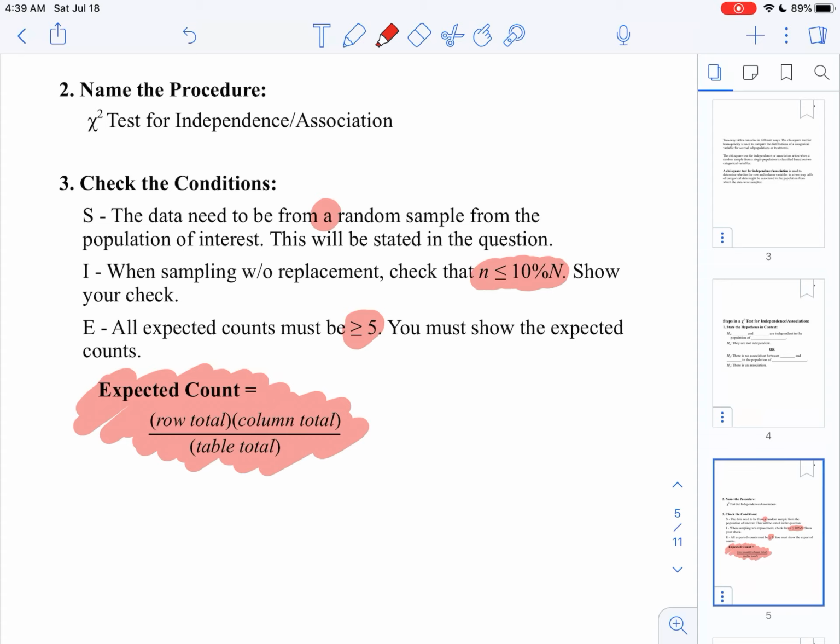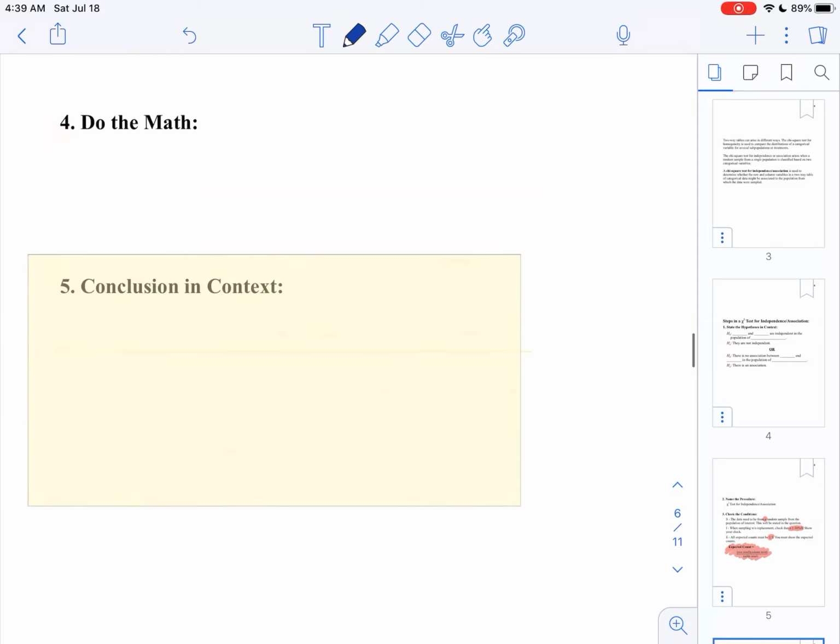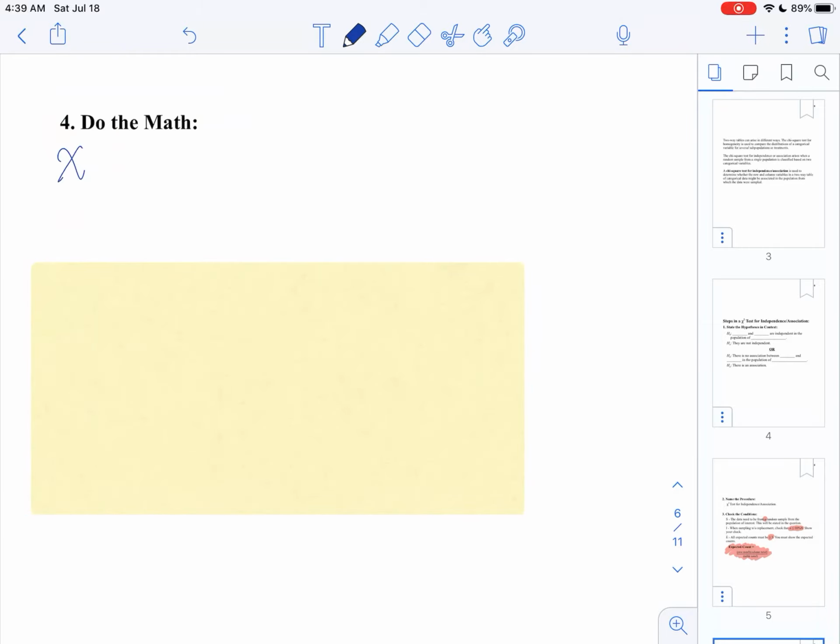So then what is step 4? Yeah, step 4, my favorite step, do the math. So what math do we need to do, right? We need to calculate our chi-square value, which is the sum of the observed minus expected quantity squared over expected.